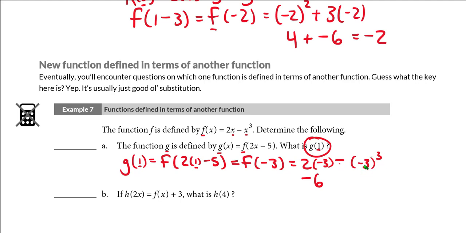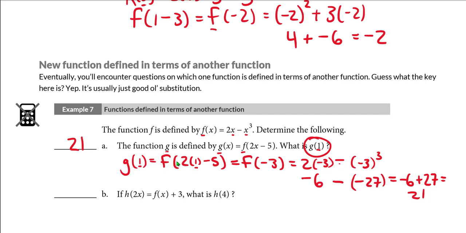I will cube that negative 3 first and get negative 27. That's negative 3 cubed. And then I am doing negative 6 minus negative 27, which is negative 6 plus 27, which, if I am not mistaken, should be 21. We are not allowed to use a calculator here, so I am getting 21, and I am sticking to it.